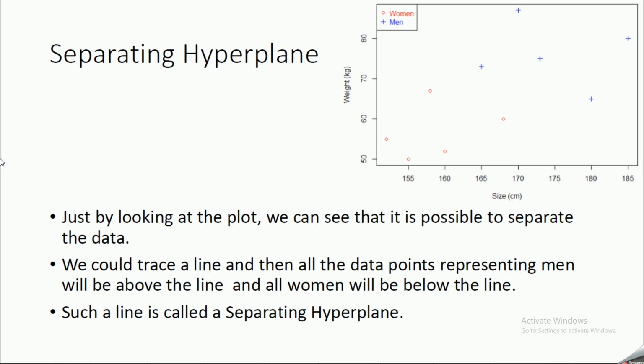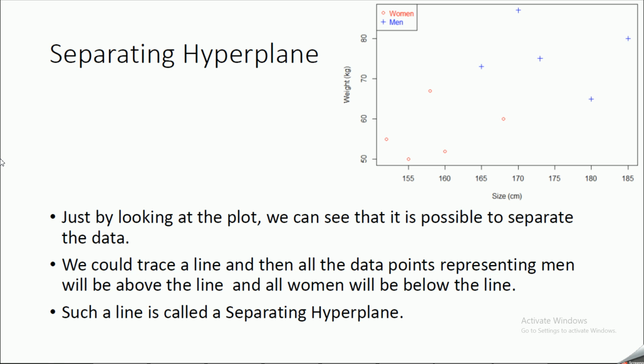We have already covered this in the previous video, but we shall quickly summarize what it means. By looking at the plot, we can see that it is possible to separate the data. Yes or no? Yes. We could trace a line, and all the data points representing men, denoted by the plus sign, will be above the line, and all the women, denoted by the red circles, will be below the line.